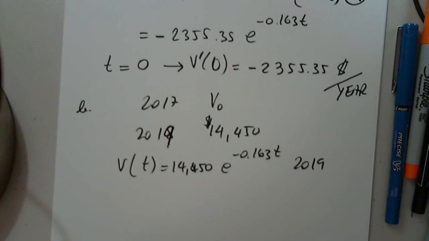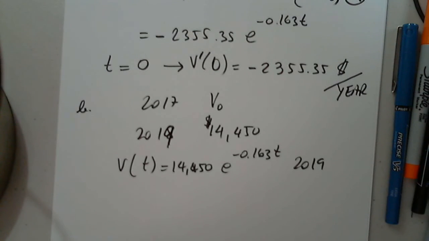So when we plugged in 0, well, that's the value. We're not asked for the rate of change. So if I plug in -2, it will give us, let's check.